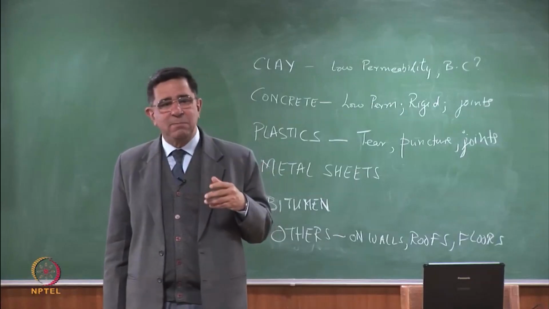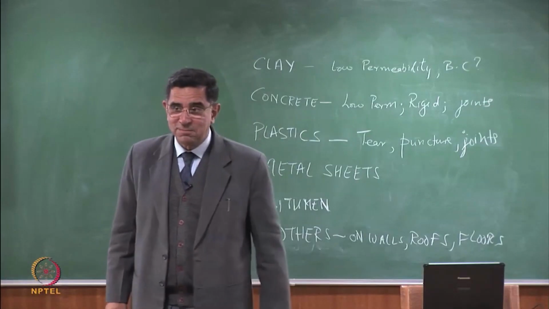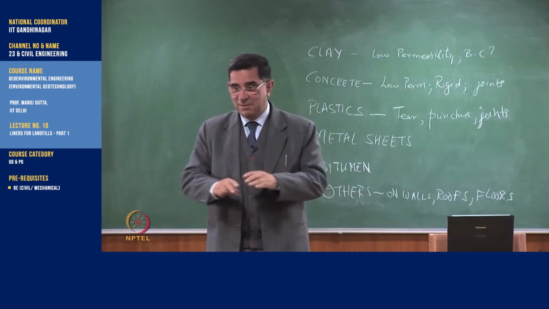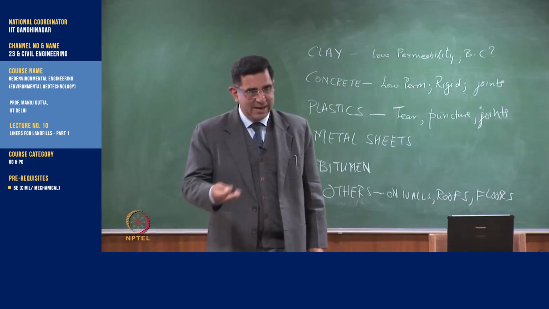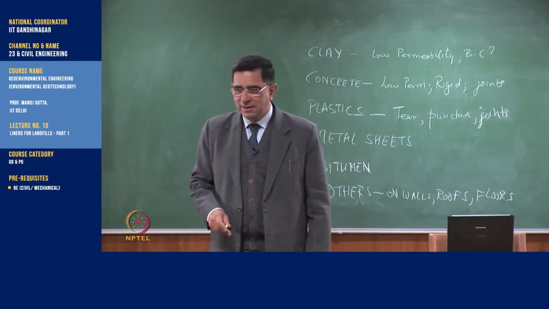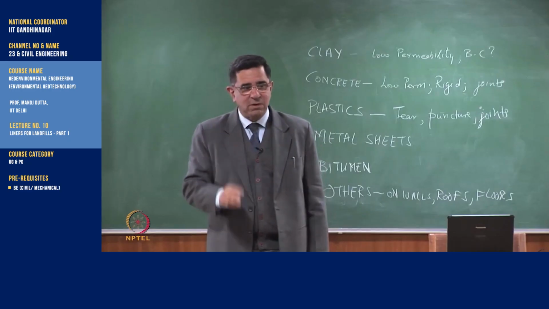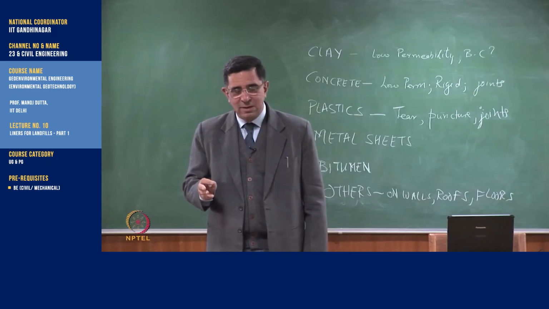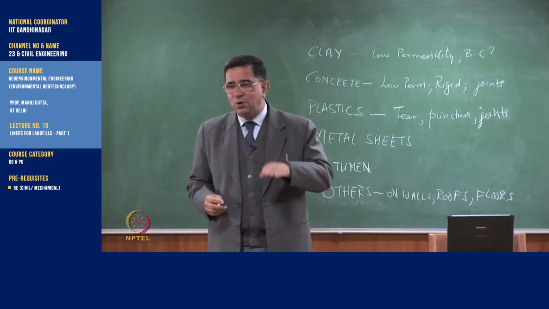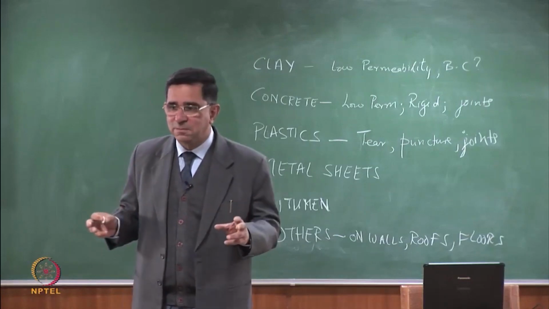A very simple example is my shoe has a top, your shoe has a top, right? And you walk in it, you play in it, something falls on it. Does it puncture? I'm not talking of sports shoes which may have cloth, but if you have a leather shoe or a plastic shoe, you will notice that the top of a shoe will last you 3 or 4 years, maybe 4 or 5.